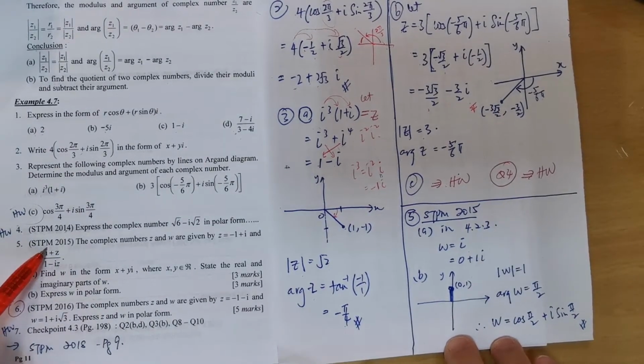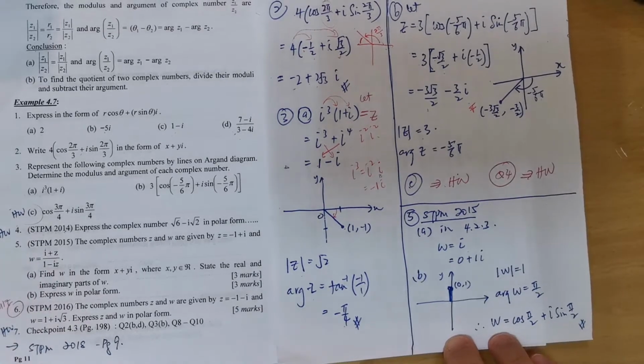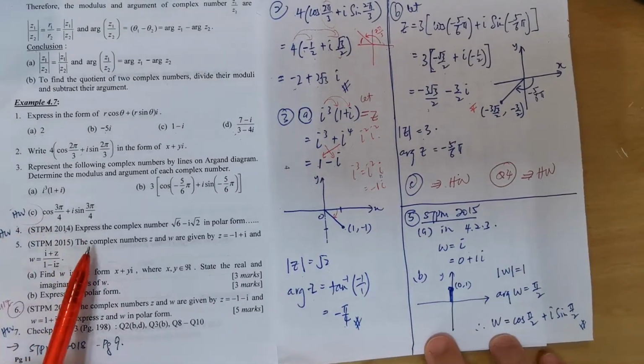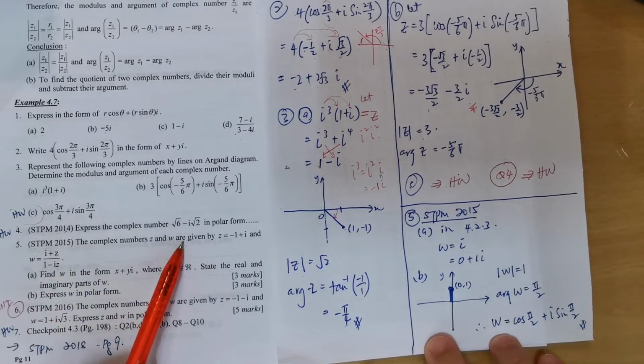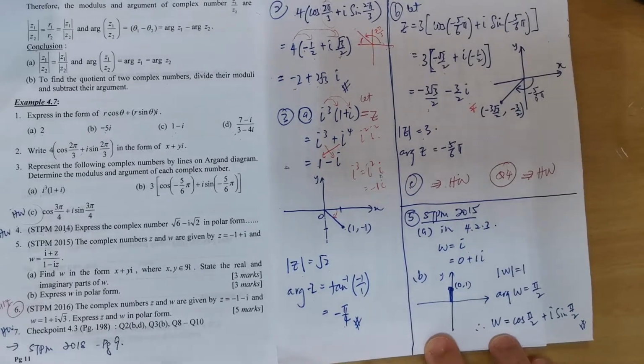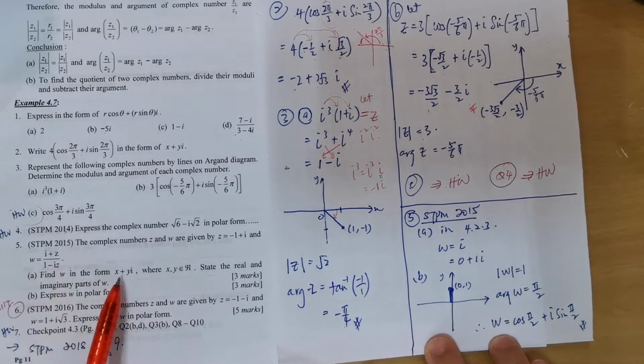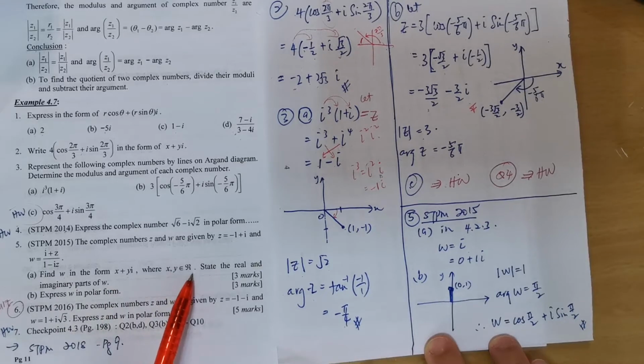This is STPM 2015. Alright, so you see that the question says the complex numbers Z and W are given by this and this. Actually, the first part we have done before. You are given Z is minus 1 plus i and W is (i plus Z) over (1 minus iZ). Alright, A, find W in the form of x plus yi, where x, y are real numbers.